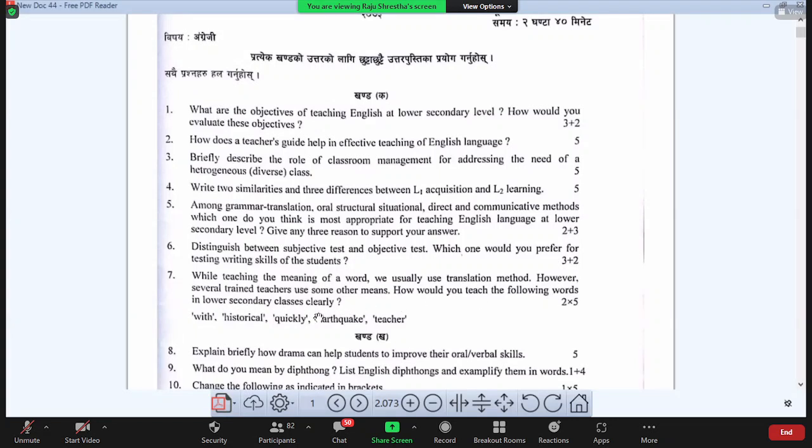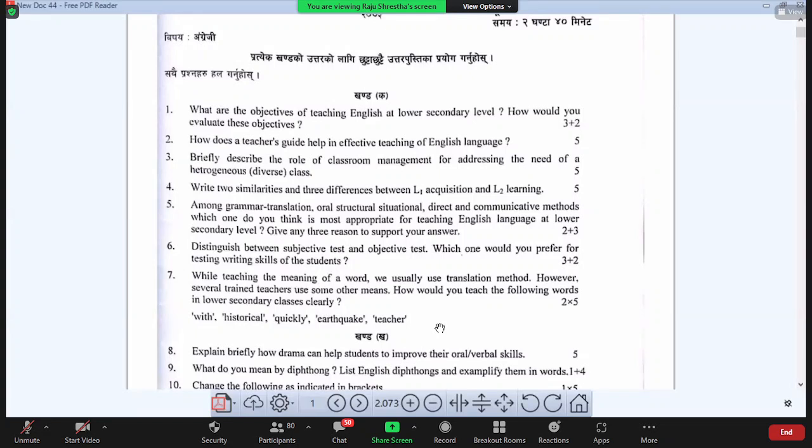Historical, quickly, earthquake. Some words will be given, then it will be asked, how do you teach these words?